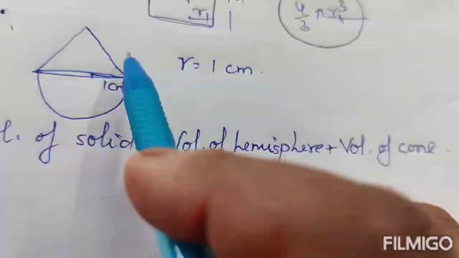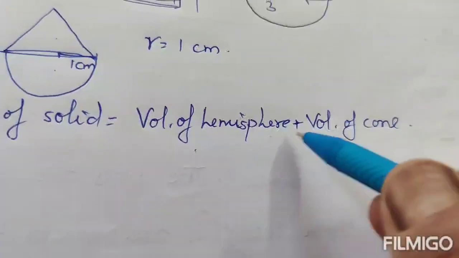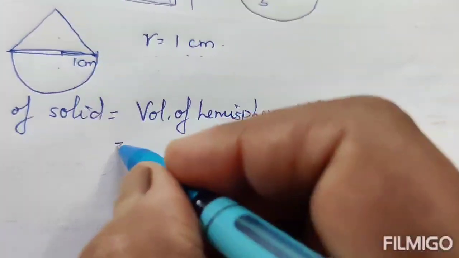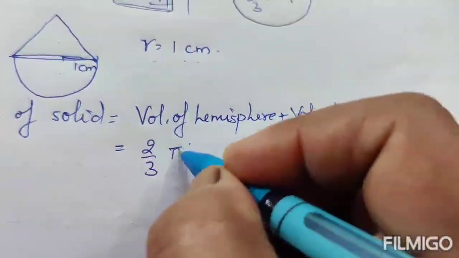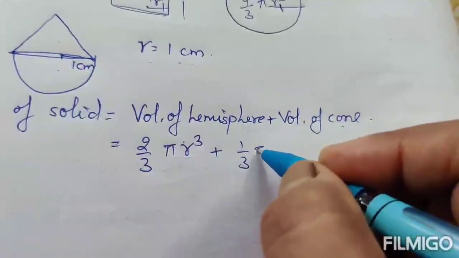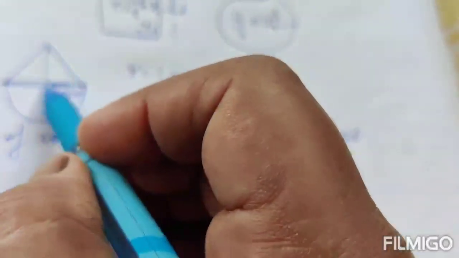The volume of the solid equals volume of hemisphere plus volume of cone. Radius equals 1 centimeter. The formula of hemisphere is 2 by 3 pi r cube plus 1 by 3 pi r square h, where height and radius equal 1 centimeter.